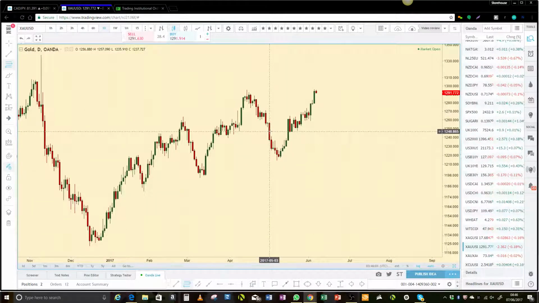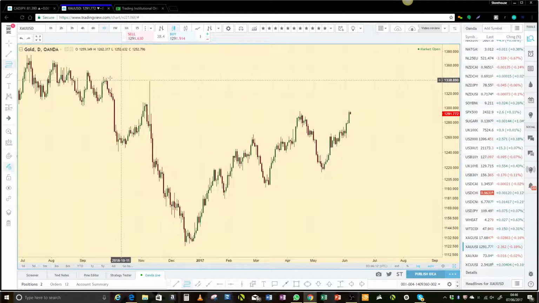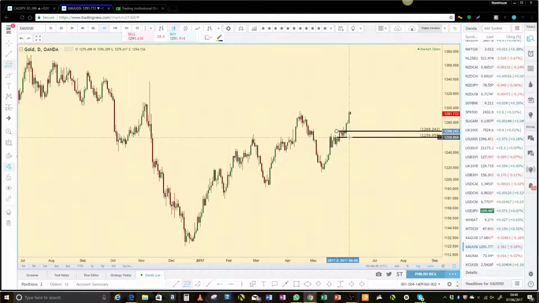And then we have gold, and that will be it for now. So gold, oh boy, nothing of interest here. It's a grind up. That's all we can say, I suppose. We've just broken through that supply, and there isn't anything up in here right now. So the potential for this to continue in the medium term is there. We have pockets of demand below. We have that one for sure. We have a little one below it as well.